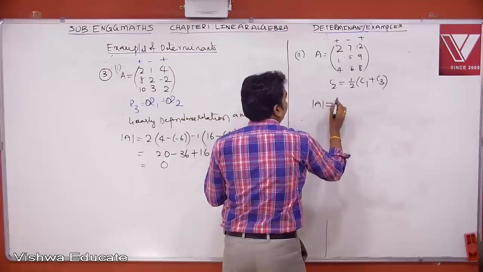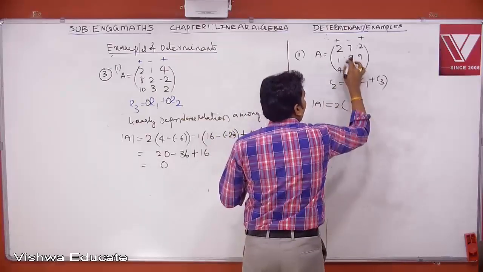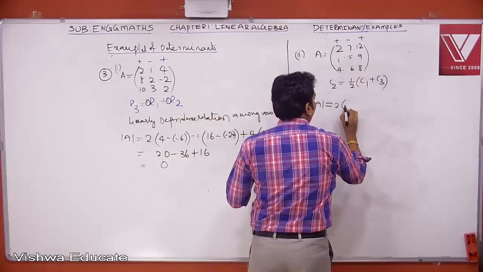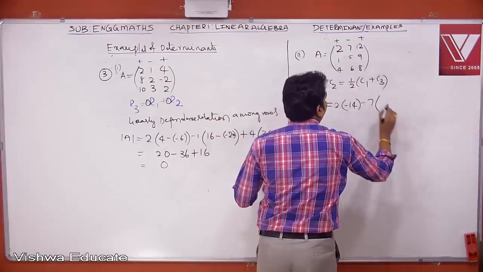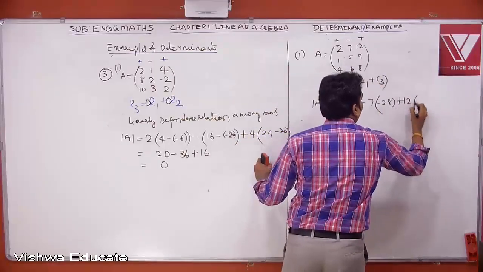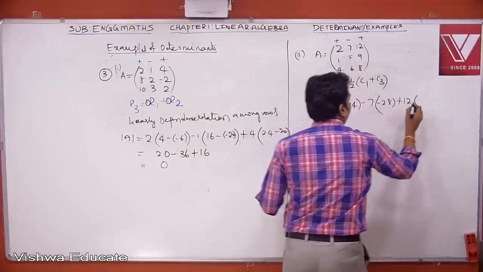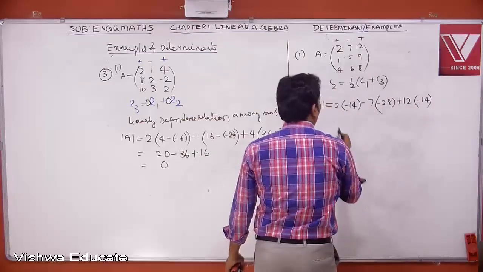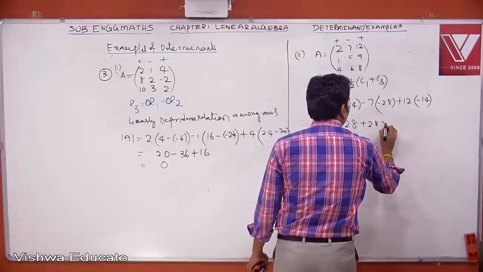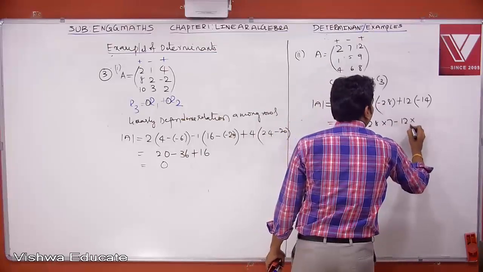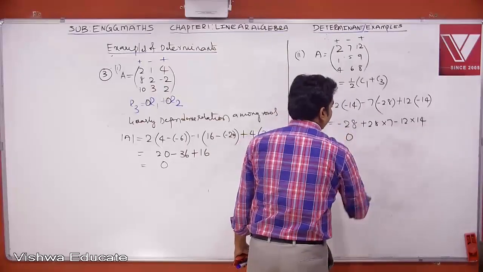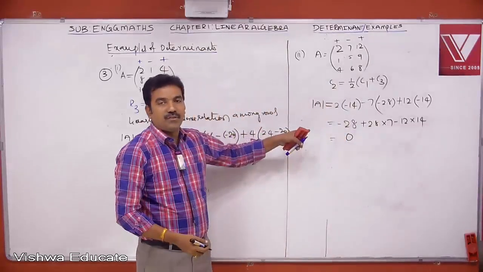So the determinant of this matrix is 2 times 40 minus 54. 40 minus 54 is minus 14, minus 7 into 8 minus 36, minus 28, plus 12 into this, 6 minus 20, minus 14. Now this is minus 28 plus 28 sevens, minus 12 into 14. Therefore here it will be 0. You can verify the result will be 0.